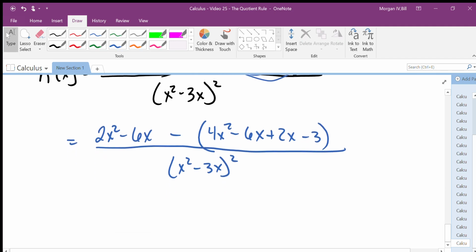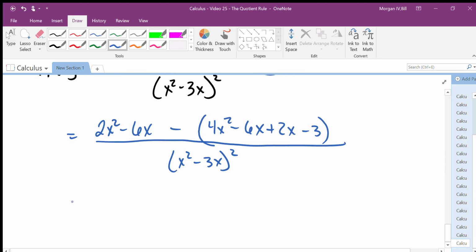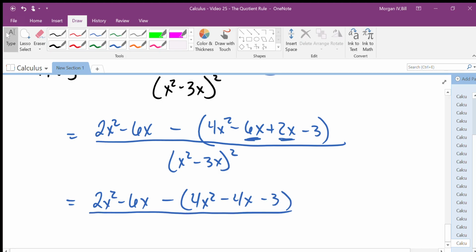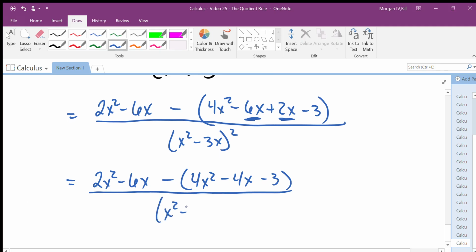Okay, let's combine some like terms. So we have 2x squared minus 6x minus, parentheses, 4x squared. We have the negative 6x and the 2x, which makes negative 4x, minus 3. Nothing else changed there. Just combine those two terms that were underlined.